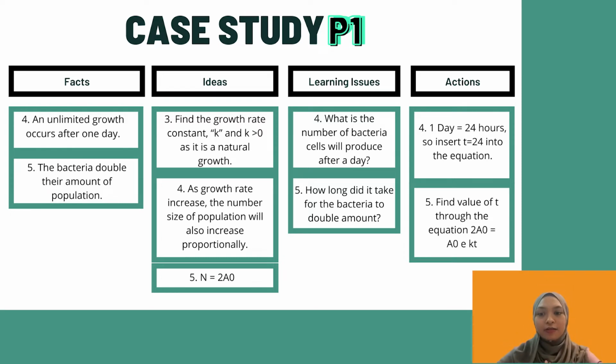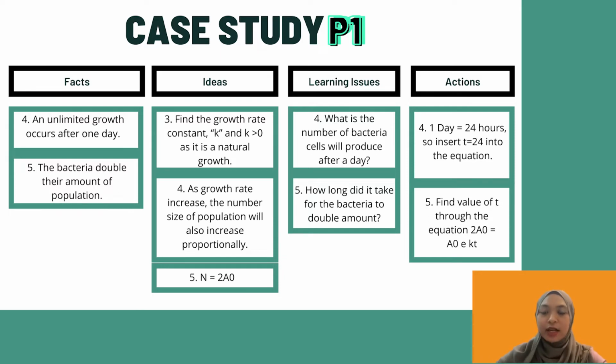The idea of this case study is that the rate of growth of bacteria is proportional to the quantity of the cells present, which can be described as y prime equals ky, where k is a constant. The capital letter A represents the initial value in the differential equation N equals A e to the power of kt.